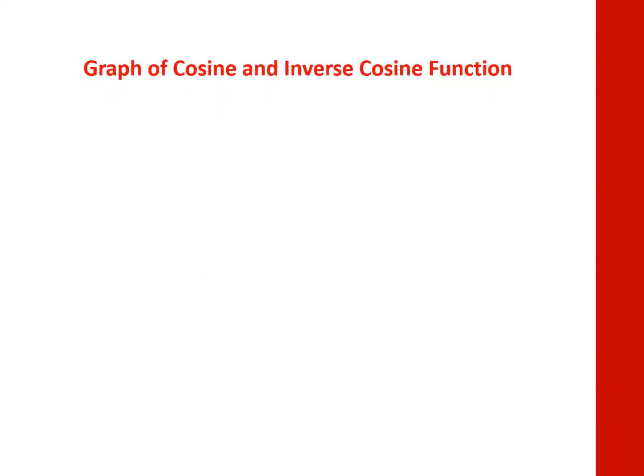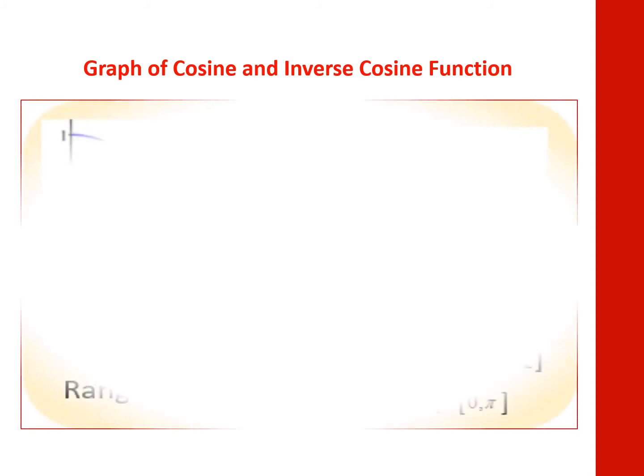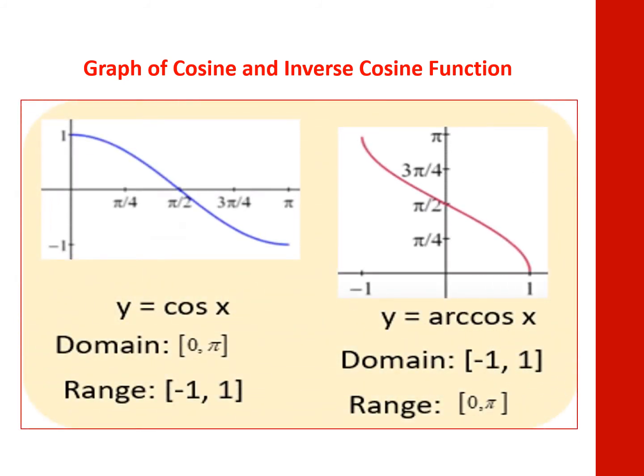See the graph of cosine and inverse cosine function. See student, first graph is y is equal to cos x, whose domain is 0 to pi, and the range is closed interval minus 1 to 1.